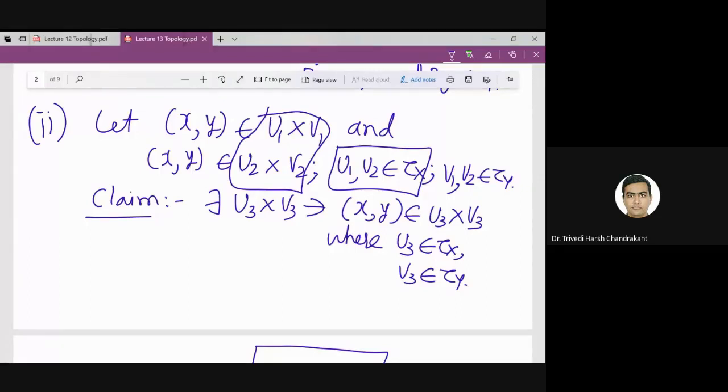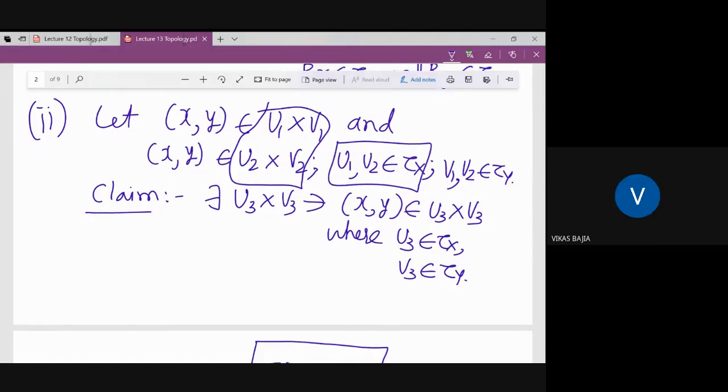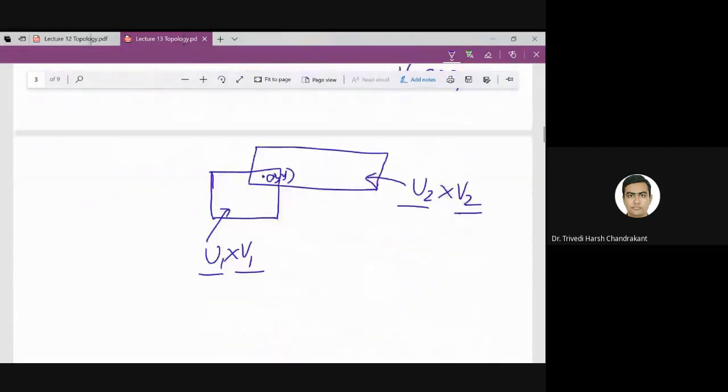I'm repeating the question. If I have two open sets, can I get an open subset of both of these sets, which is contained in both of these sets? Intersection, right? That is what I was asking.